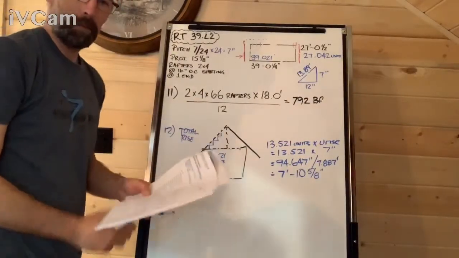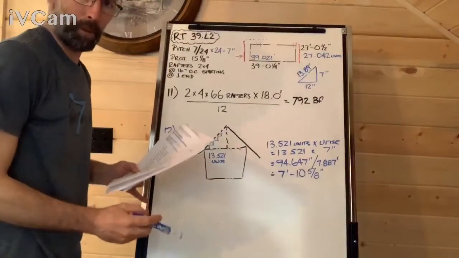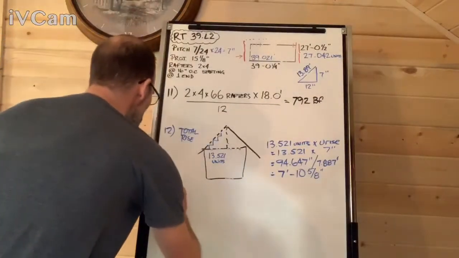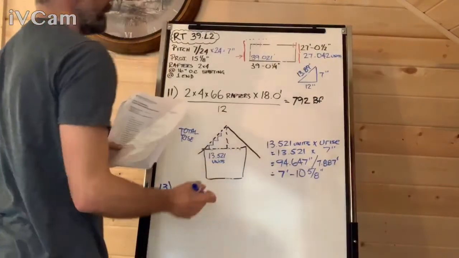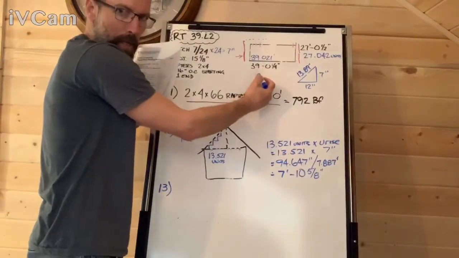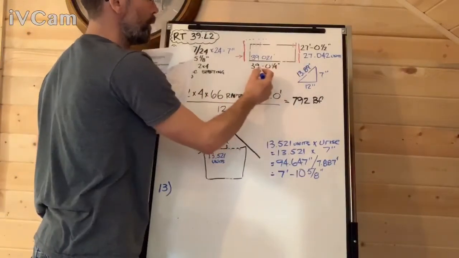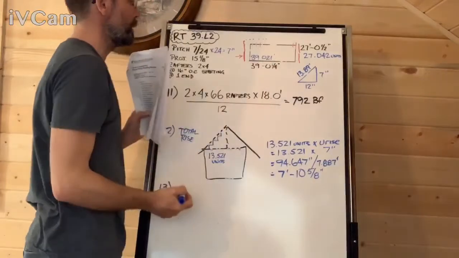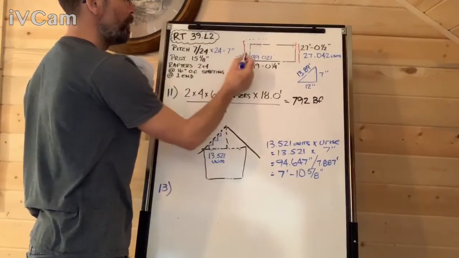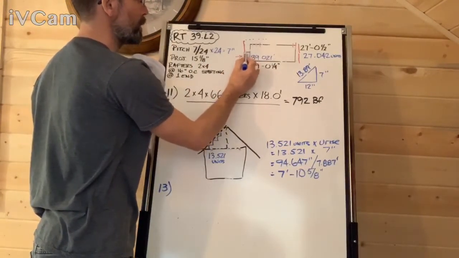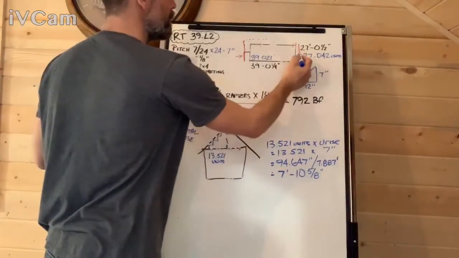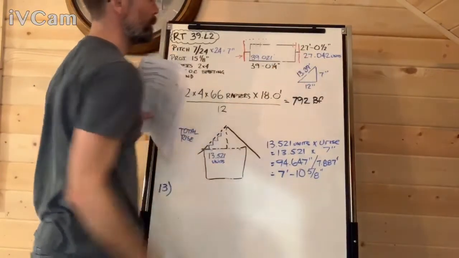Number 13, length of the ridge board. You can see to the bottom here. Length of the ridge board, I have the length of my house, 39 foot 0 1/4 inch, plus 15 1/8 inches of projection here, plus 15 1/8 inches of projection here.